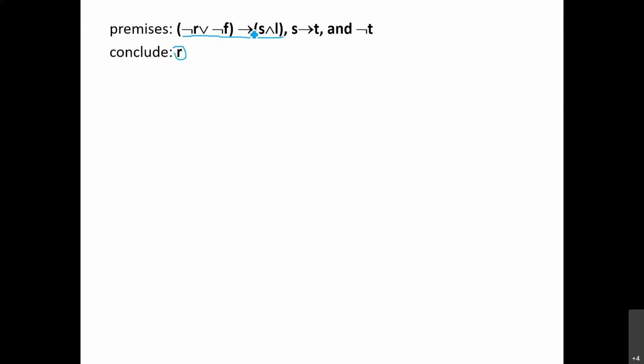So to get this, S and T, not T. Okay, so we can see the map. There's only 3 premises. Obviously you have the not T and you have this. So definitely you're going to get that not S is a premise, and then you go from there.